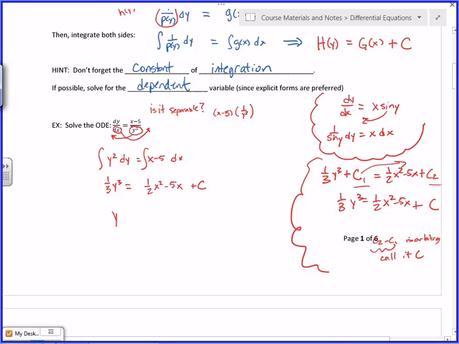This would be y is equal to the cube root of 3/2 x squared minus 15x plus c over 3, or 3c, which, if c is an arbitrary constant, then so is 3c. So it just absorbs that 3.